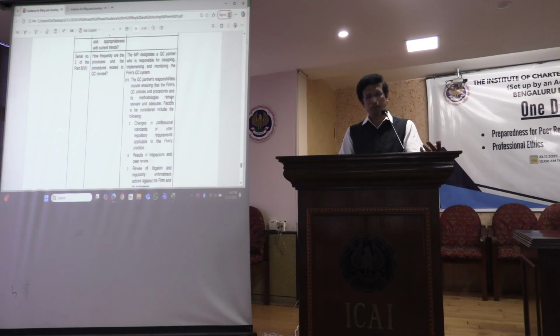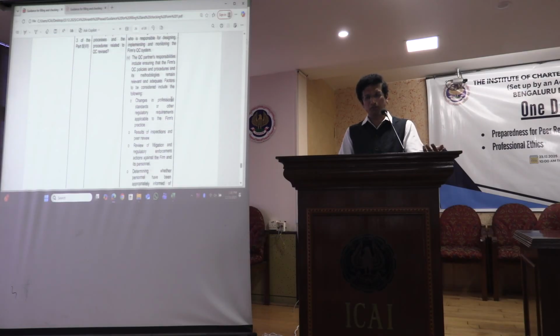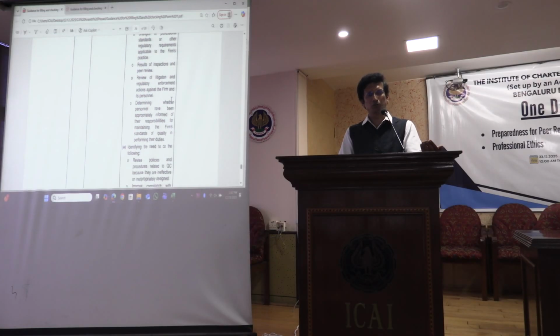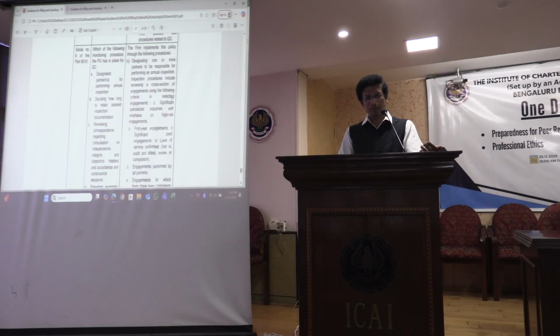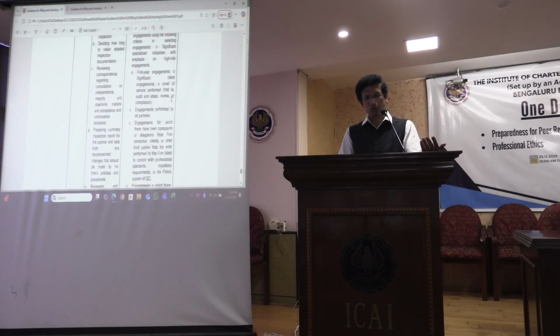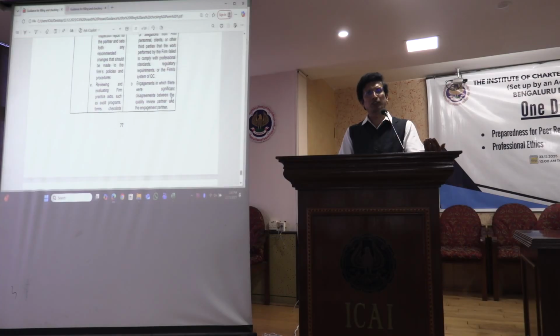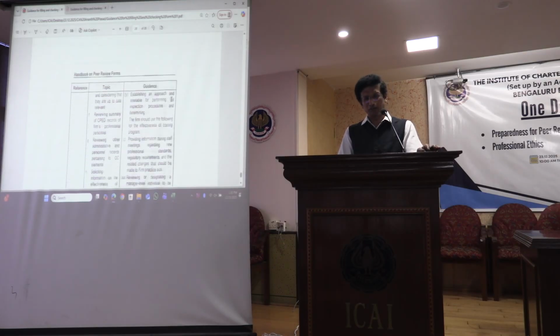See how frequently the procedures relating to QC are revised. This is a guidance on what you need to put. See, so elaborately they have given it. So the only thing you have to do is refer to this, wherever you need to have documentation prepared, do it, then fill the Form 1.